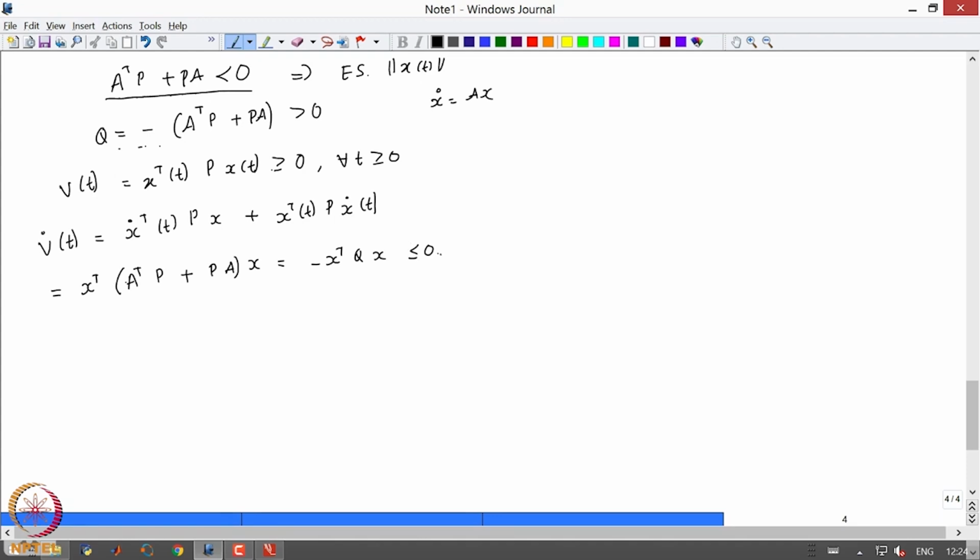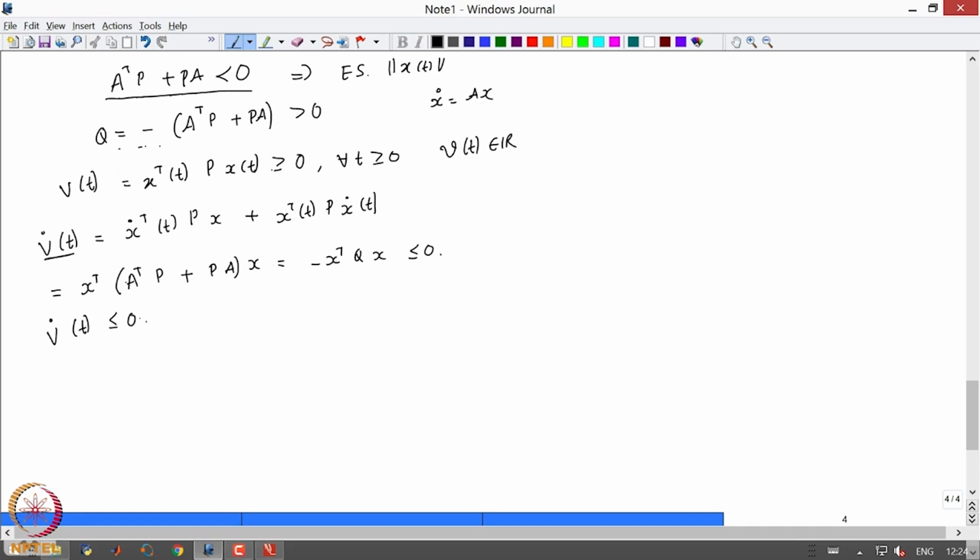Okay. So this is what I have now. Now just look at this V dot. It's a function, right? V is a real valued function, and V dot is now less than or equal to 0.